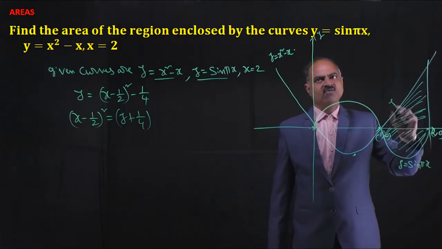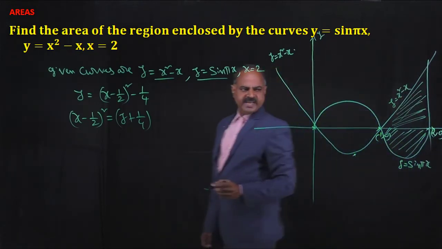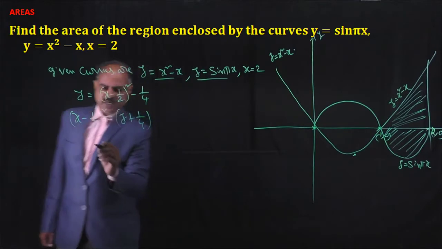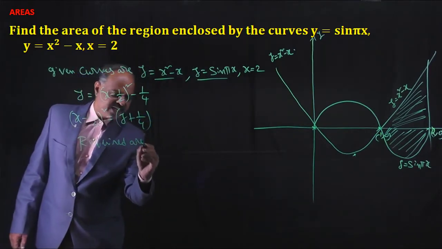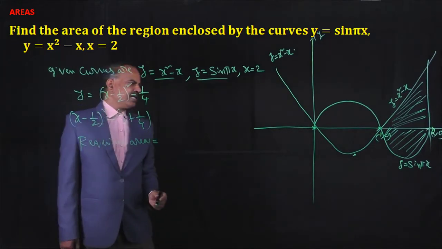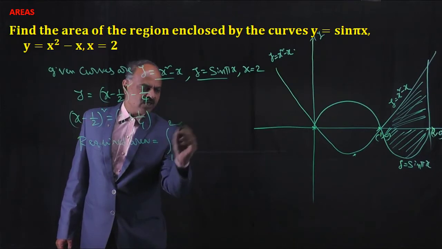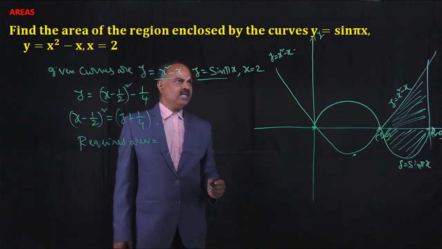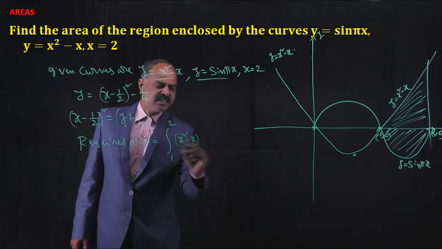So this is y equal to x square minus x. Now the required area is equal to the integral from 1 to 2 of the area under the curve y equal to x square minus x dx.